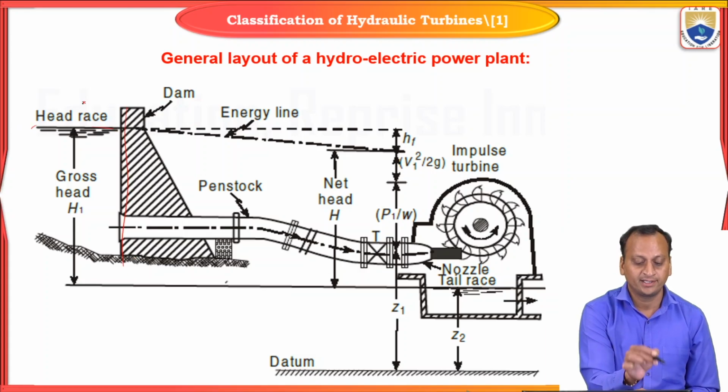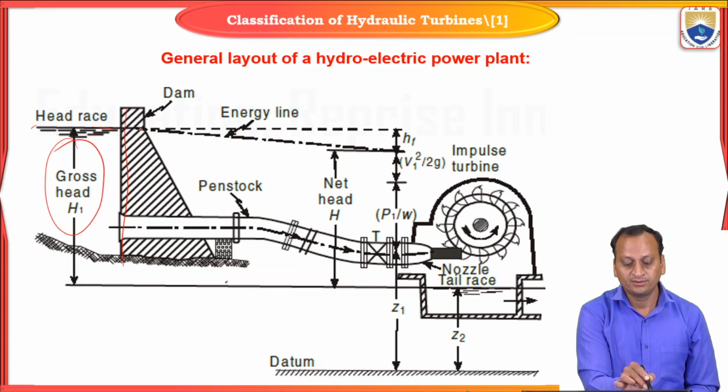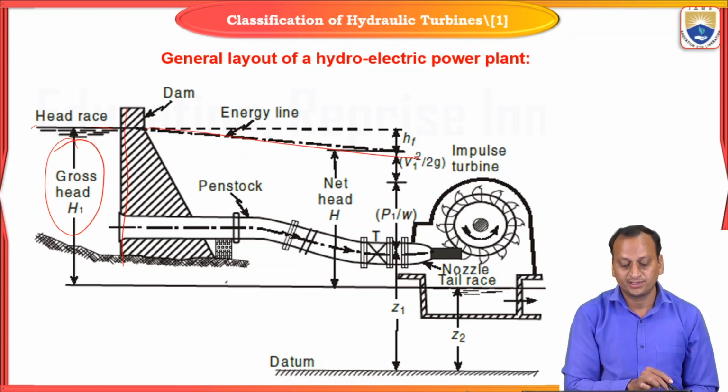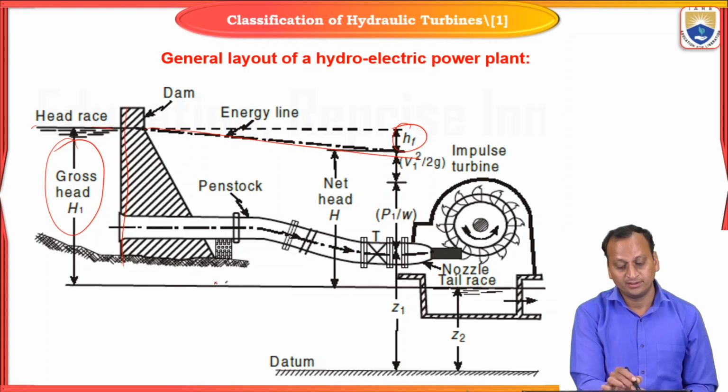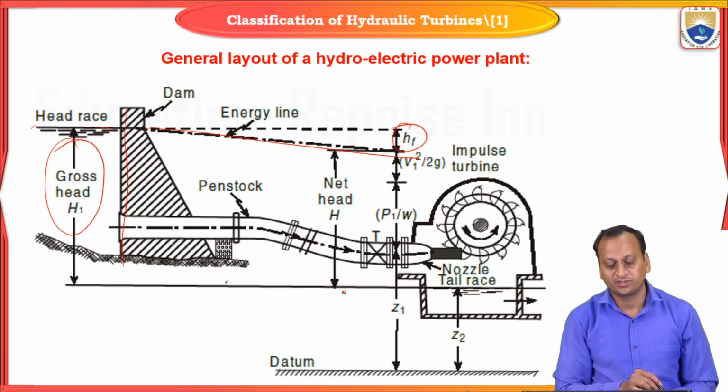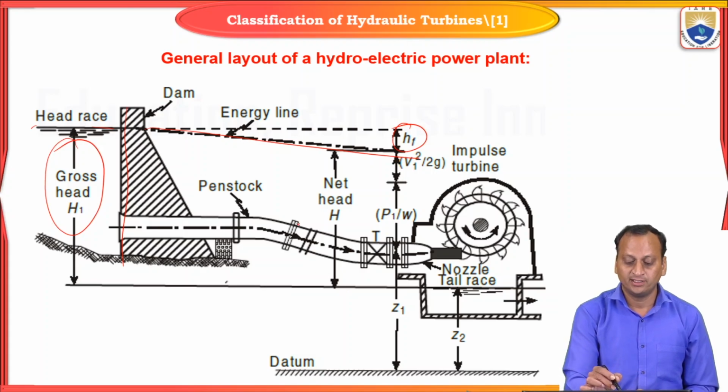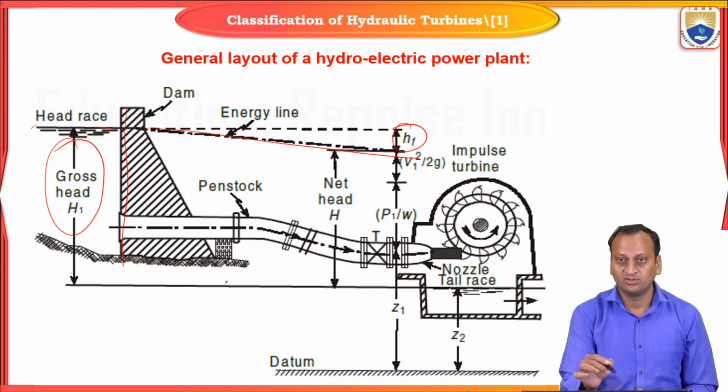This is known as the head race, and H1 gives the gross head. This is the total head, but this line indicates the losses: loss of head due to friction, inlet loss, the loss due to change in direction of the fluid, and pipe fitting coefficients, and different losses.